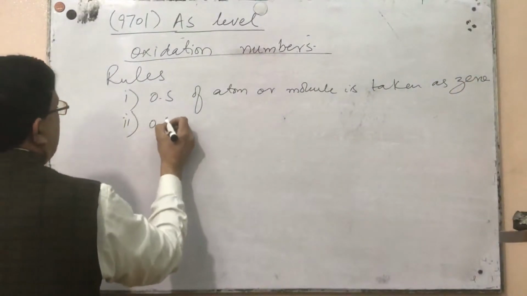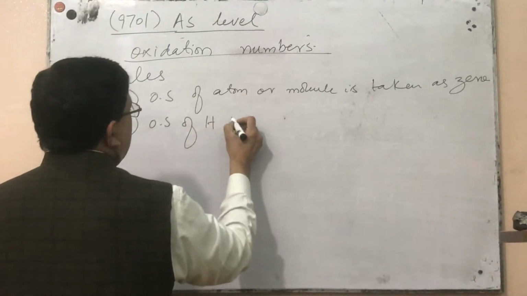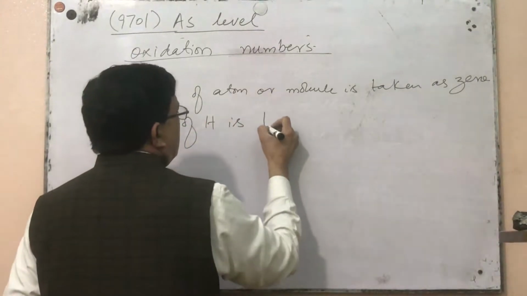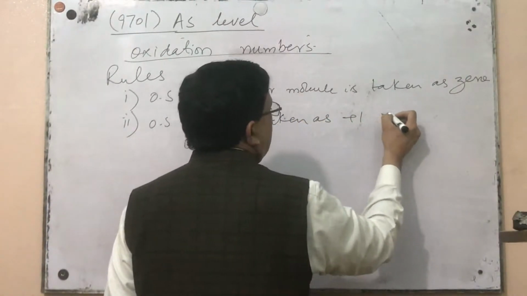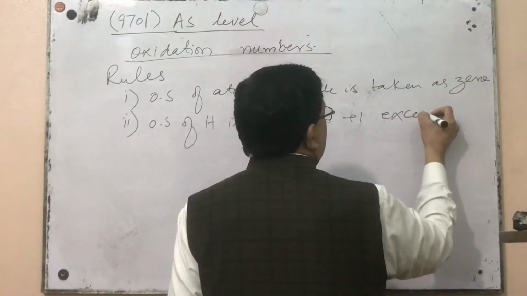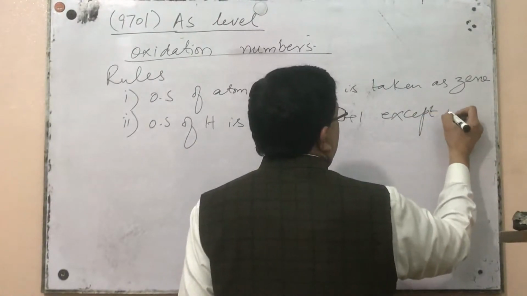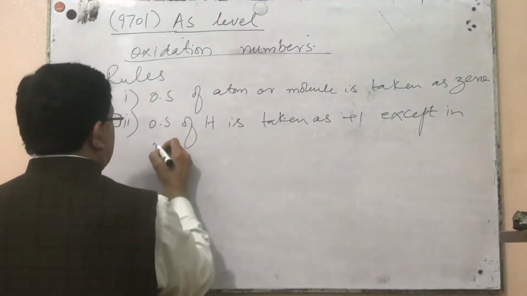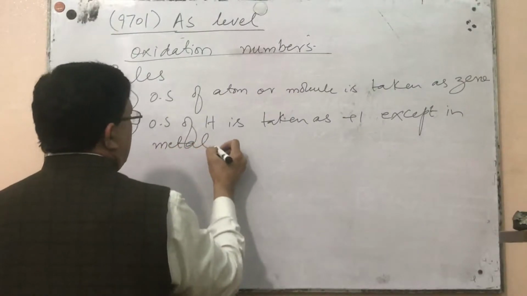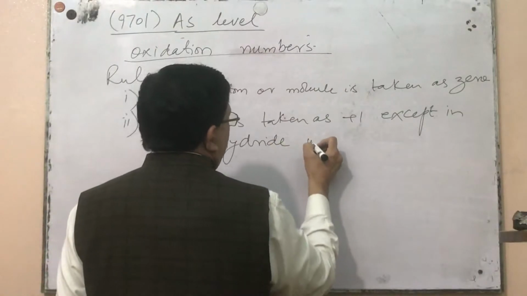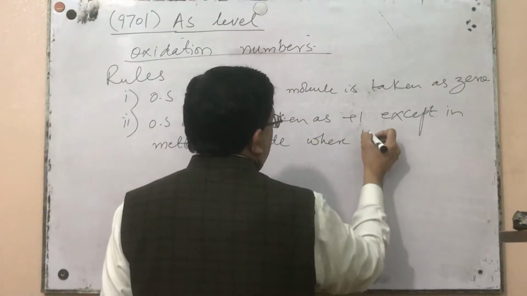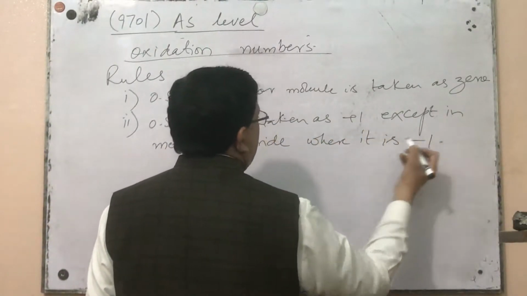Second, the oxidation state of hydrogen is taken as +1 except in metal hydrides, where it is -1.